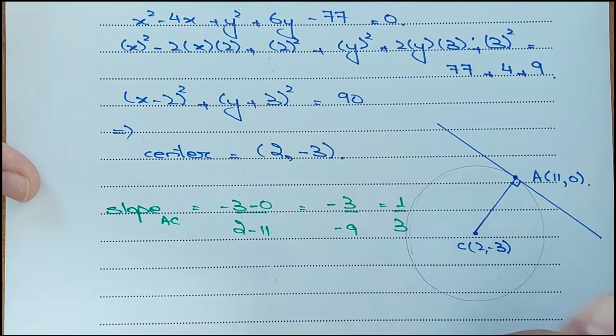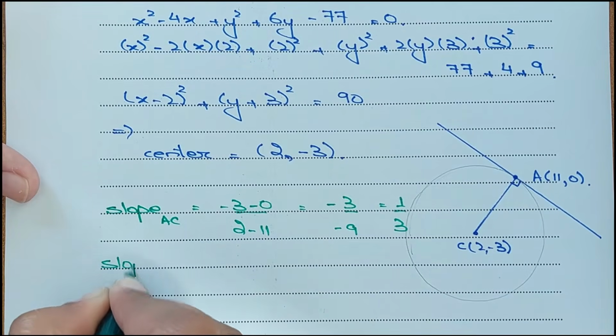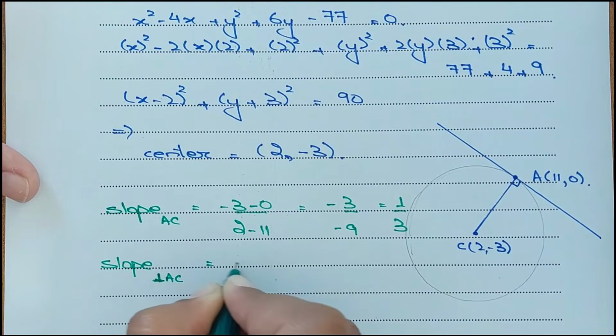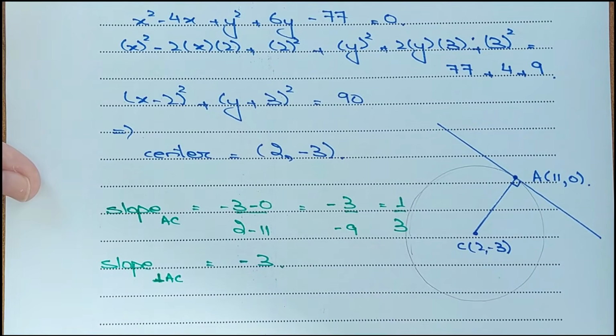So 1 by 3 is the slope of AC, and the slope of a line perpendicular to AC is the negative reciprocal, which is negative 3, right?